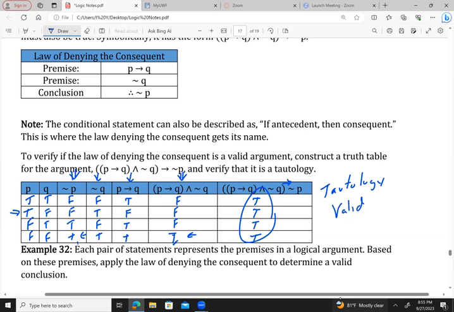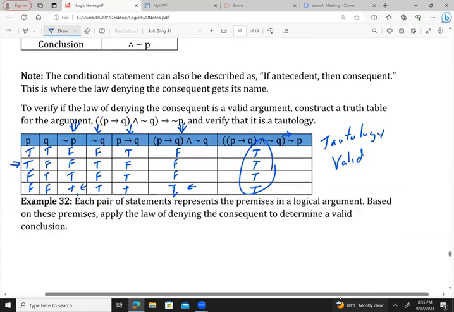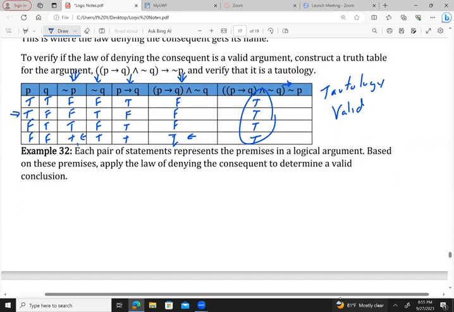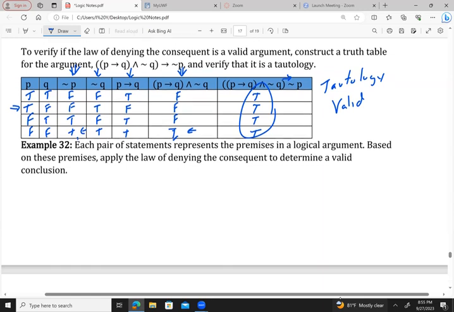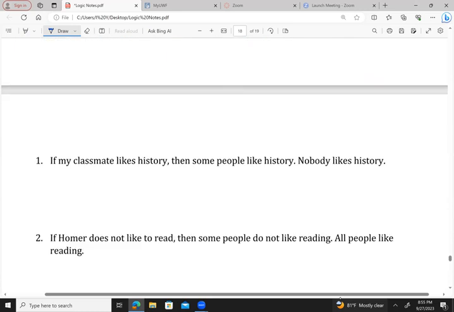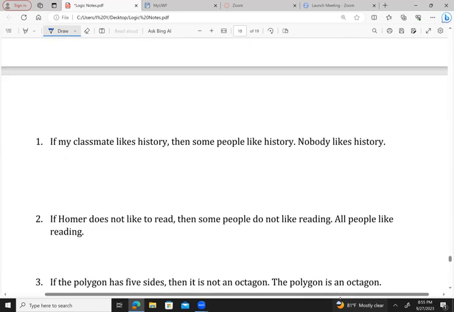Tautology meaning every truth value is true, which makes this valid, which fits with what we've proven: it's a valid statement. So each pair of statements represents the premises in a logical argument. Based on these premises, apply the law of denying the consequent to determine a valid conclusion. If my classmate likes history, and some people like history.